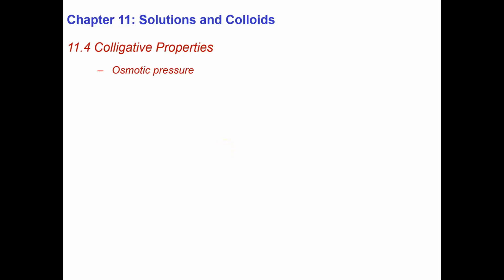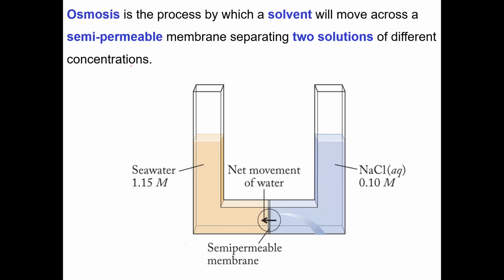The final colligative property that we will look at is one known as osmotic pressure. Osmosis is the process by which a solvent will move across a semi-permeable membrane separating two solutions of different concentrations. Perhaps the most famous semi-permeable membranes are things like cell membranes, such as the membrane that separates the nucleus of a cell from the rest of the cell, or the membrane that separates the cell from the outside world.